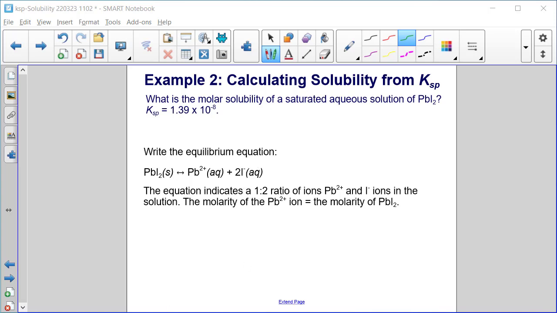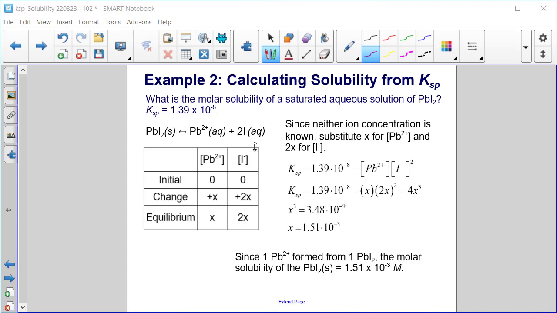The equation indicates a 1-to-2 ratio of Pb2+ and I- ions in the solution. So the molarity of the Pb2+ ion is the molarity of the PbI2, or the molar solubility of the PbI2, and that's what we're looking for, right?